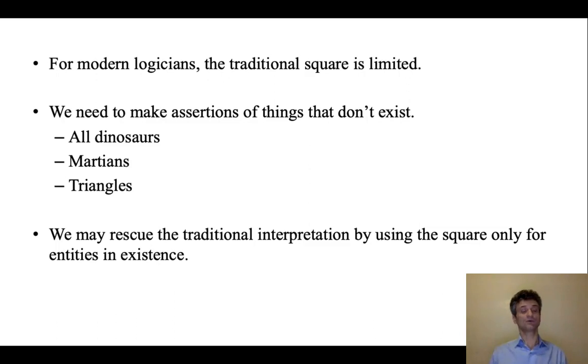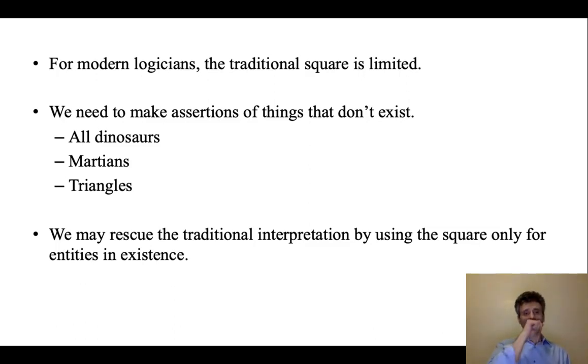Because obviously, if you are talking about dinosaurs or Martians or triangles, you don't need to commit yourself to the assumption that these entities exist.